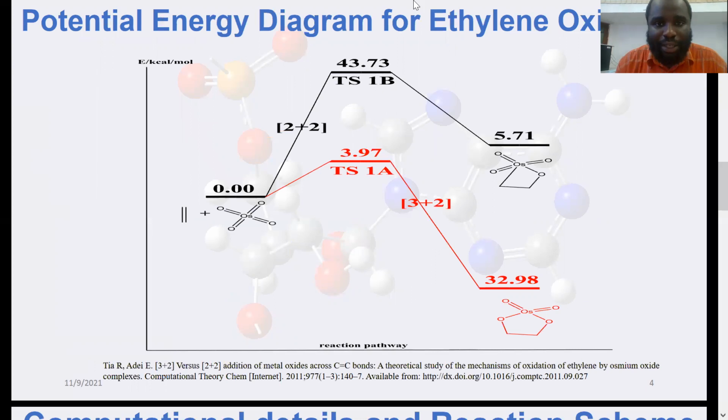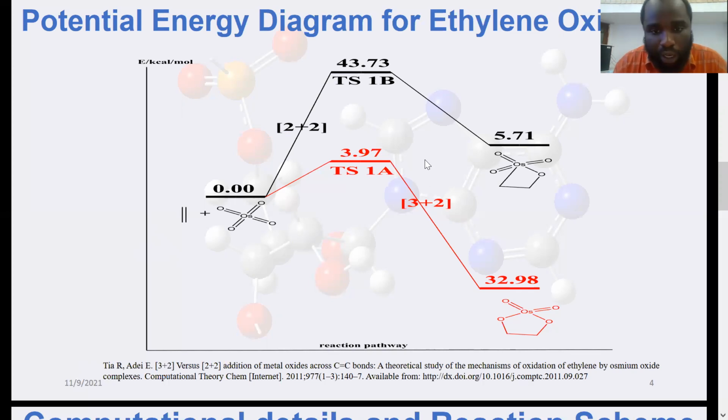Over the past years, there have been several quantum works to study the reaction mechanisms of the addition of ethylene to osmium tetroxide. Here, the red lines represent the 3+2 pathways, and the two black lines represent the 2+2 pathways.